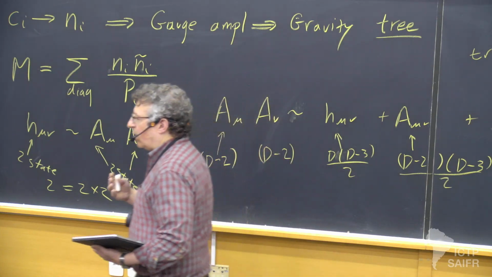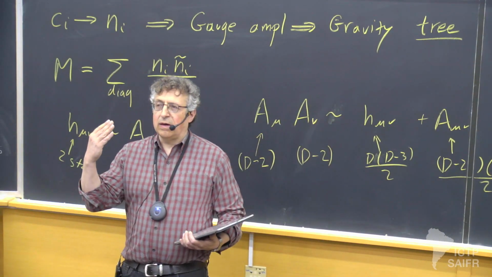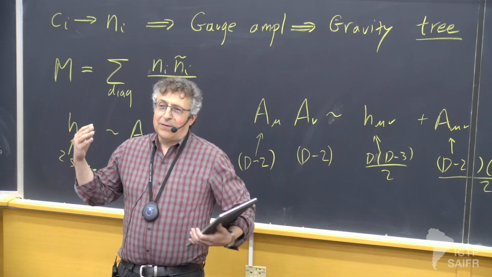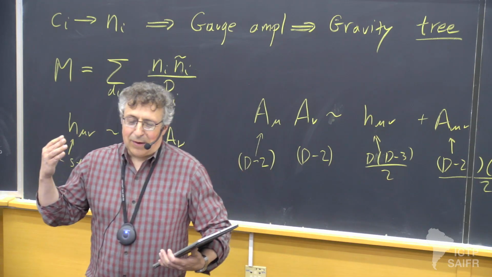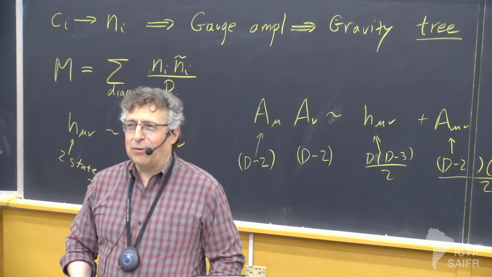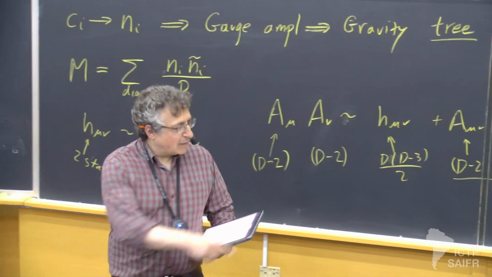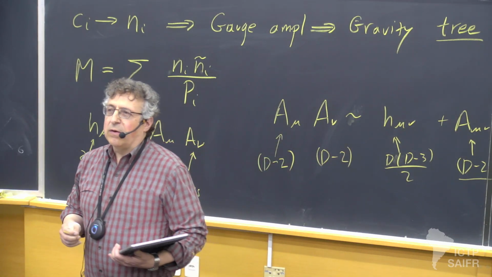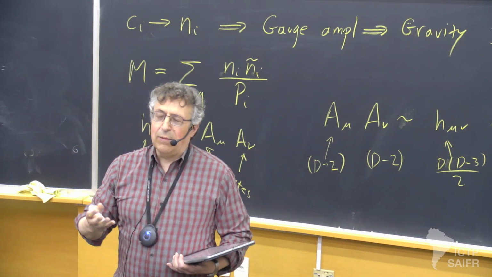But the idea is we start from gauge theory, and then we apply the double copy, right? So until we've done that, there's nothing to take the trace out. I'm about to take the trace out. Okay, and essentially what I wrote there takes the trace out. So we do exactly what you want.